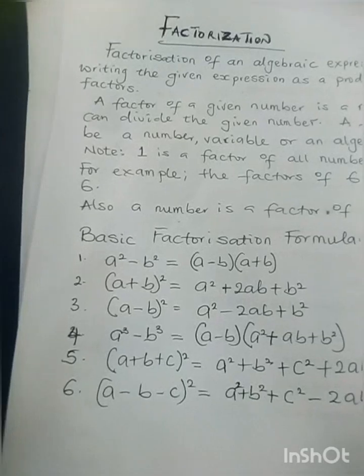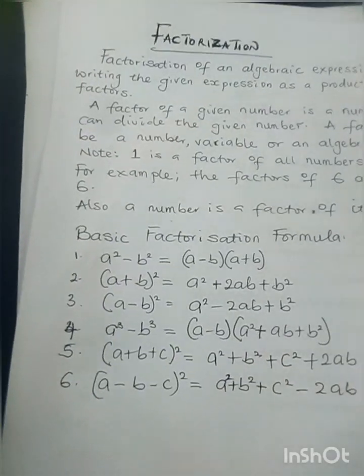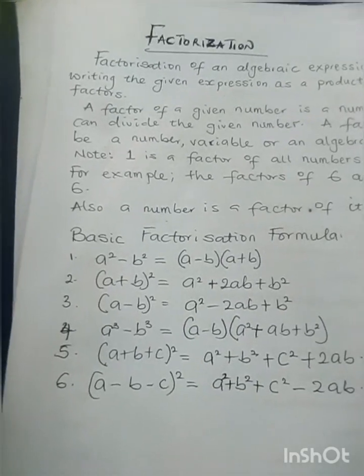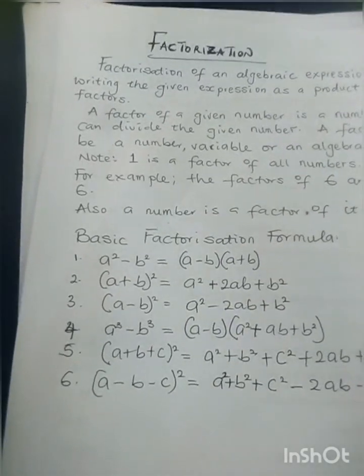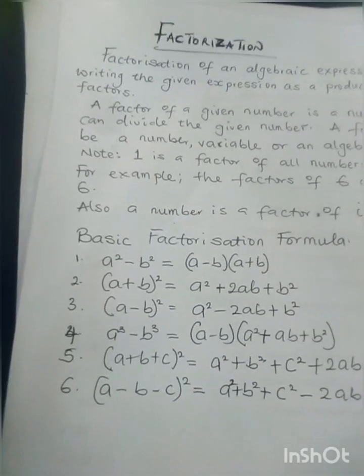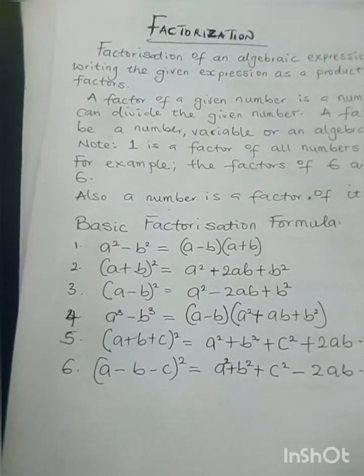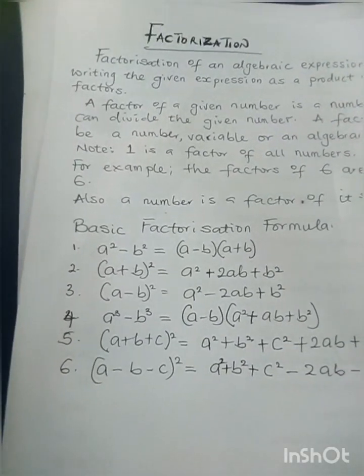Then 3, (a minus b) all squared. (a minus b) all squared will give you a squared minus 2ab plus b squared.